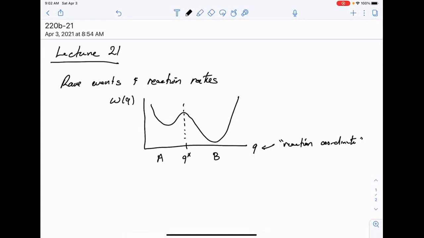If you prepared the system in A, you would have to wait a while relative to some characteristic relaxation time, call it tau mol, within that basin, to see the reactive event A going to B. So reactive events, rare events, reactions in general, are characterized by a separation of timescales between a local equilibration within some basin, A or B, and the rate by which that system then transitions between the two states.